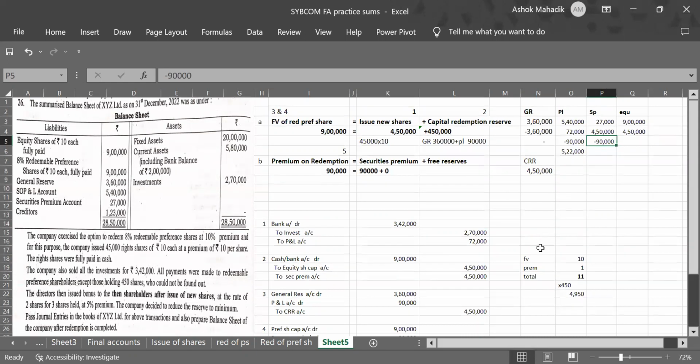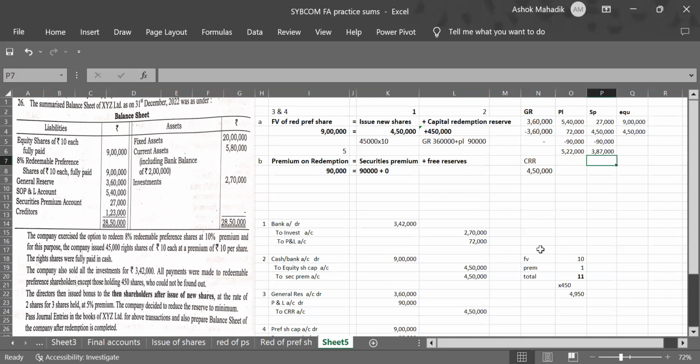So as of now, we have 5,22,000 as balance in the P&L account. Clear? Now securities premium: we had 27,000 as opening balance. On the fresh issue, we collected 4,50,000. Out of that, we used 90,000 to write off POR in the last entry. So let us check the balance right now in the securities premium account. Okay, so we have 3,87,000.